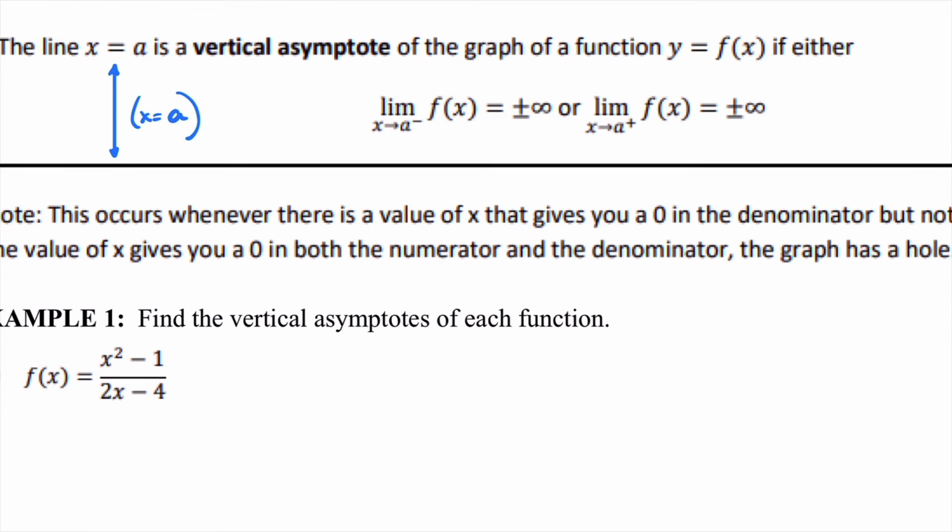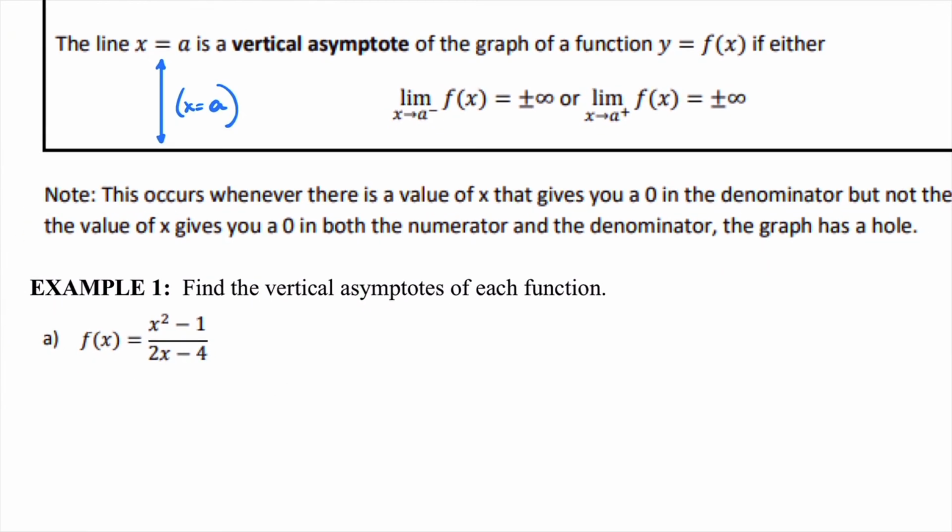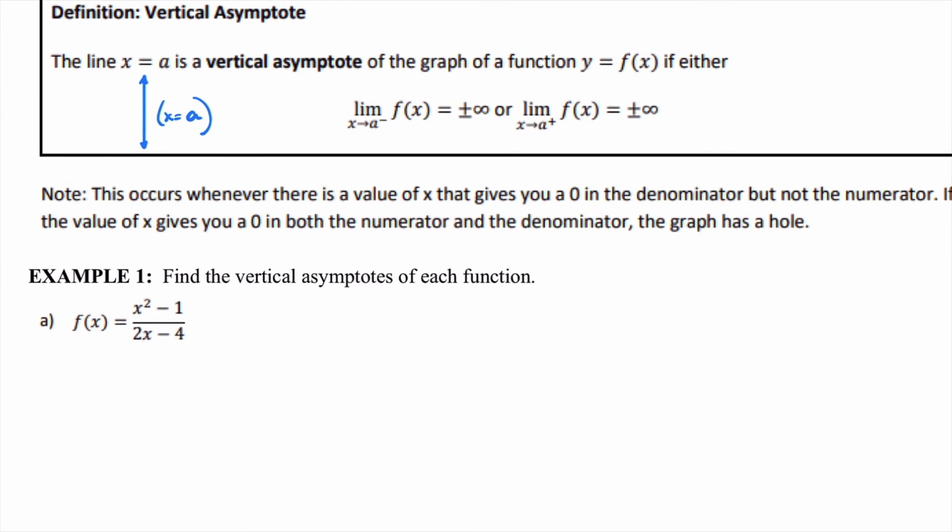Note this occurs whenever there is a value of x that gives you, and this is the important part, 0 in the denominator, but not in the numerator. In a second I'm going to ask you how we find vertical asymptotes, and you're always going to go back to what you just highlighted.